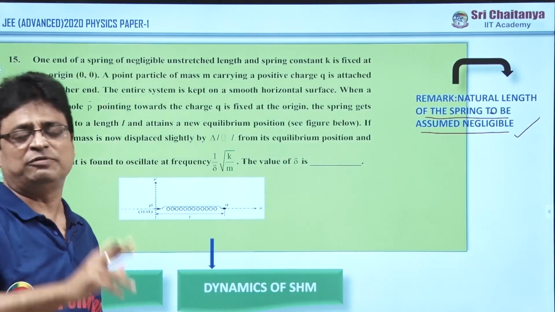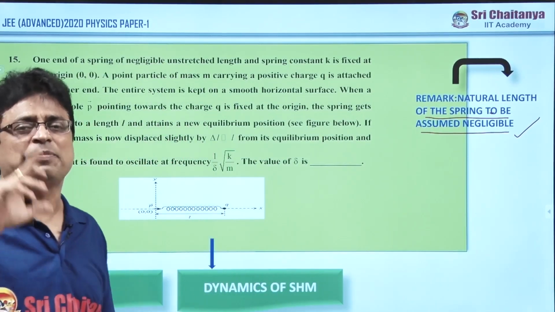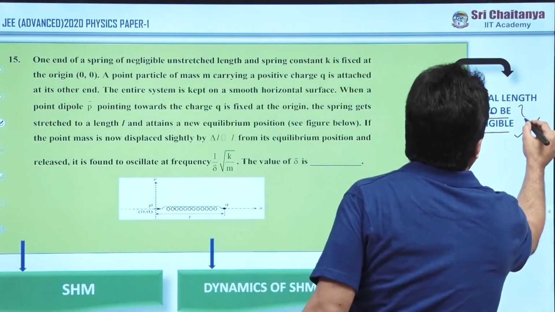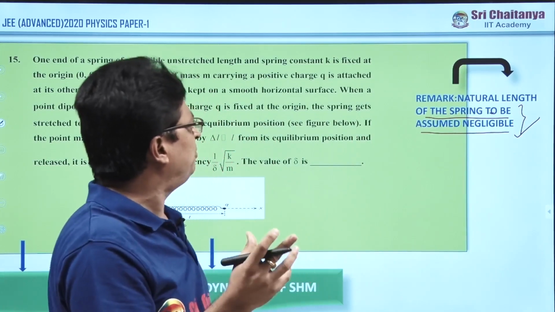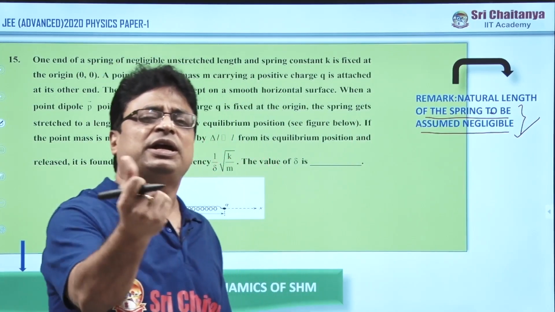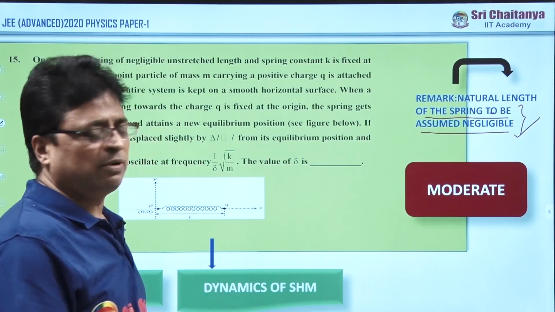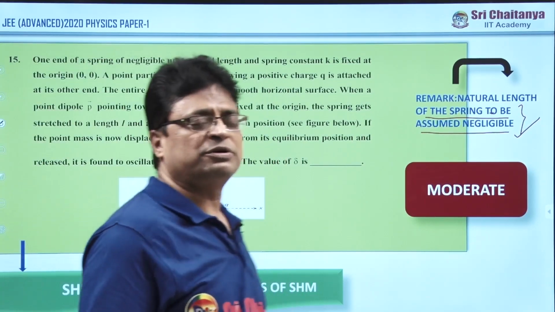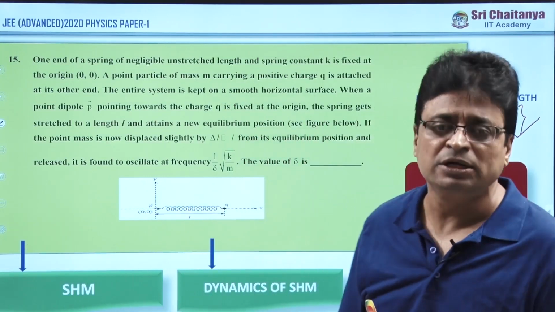Otherwise, you will get a problem. You will not get the answer properly. That is the only point. So whenever any student assumes the natural length of the spring to be negligible, he can get the answer very easily. Otherwise, the problem becomes very difficult. Of course, even then, the problem is a moderate question. This is the opinion given by the students.